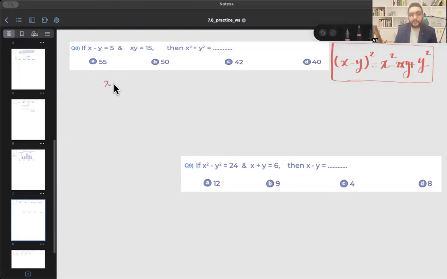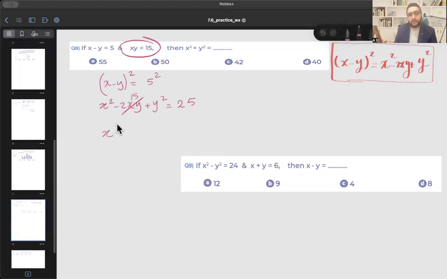If we have x minus y equals 5, square both sides. As we mentioned before, we have x squared minus 2xy plus y squared equals 25. And we have x times y equals 15. So in the place of xy, we can put 15.